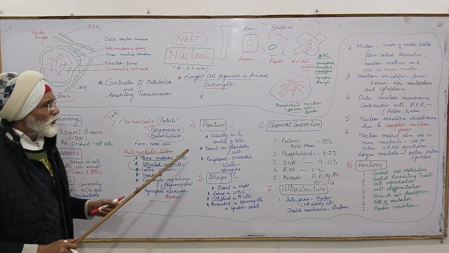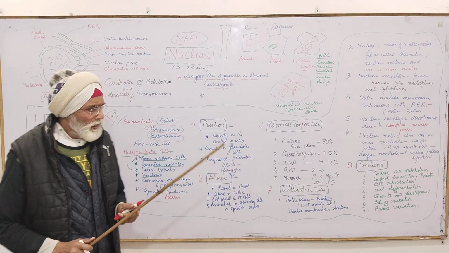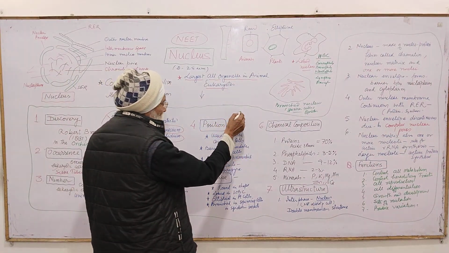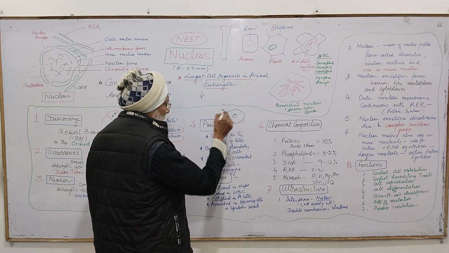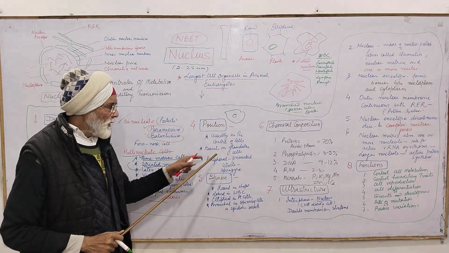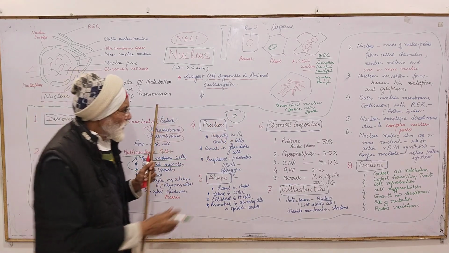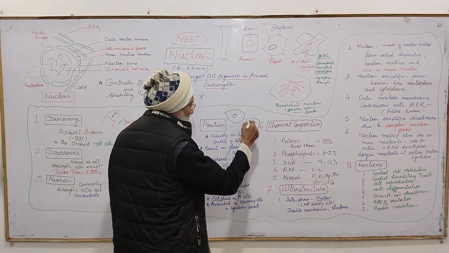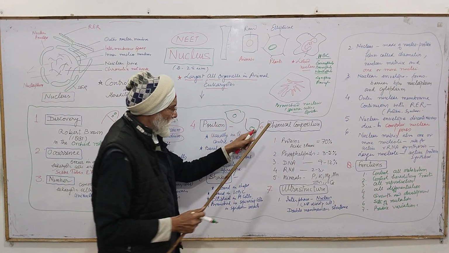Now let us come to the fourth heading, position. Normally in a cell, the nucleus is present in the center. But in a glandular cell which has to produce secretions, the nucleus is present at the base.